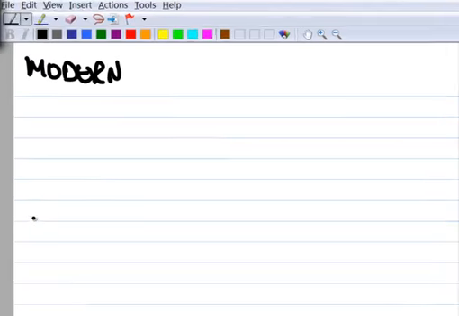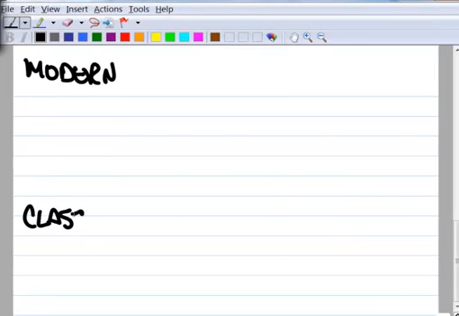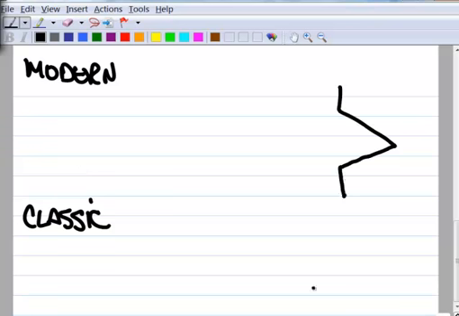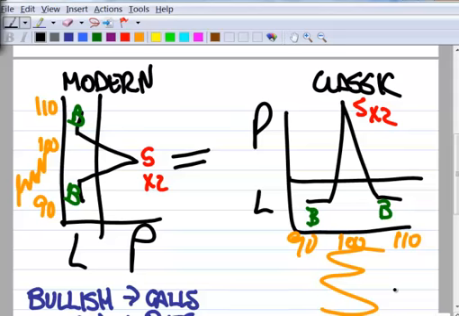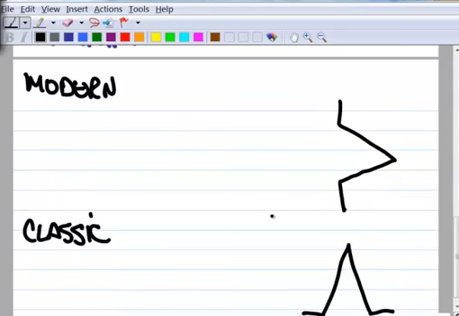In the end, we're looking to build the butterfly. Obviously we have the break-evens, so we have profit and loss, profit and loss. I'm not going to draw that in because I don't want to muddy the picture.